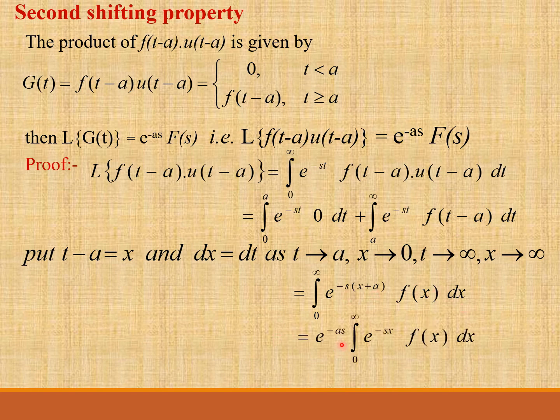As e^(−as) is constant with respect to x, we shift it to the outside of the integration. So it is e^(−as) times the integration from 0 to infinity of e^(−sx)·f(x) dx, and according to the definition this is F(s). So the Laplace of f(t−a)·u(t−a) is e^(−as)·F(s), which is also called the second shifting property.